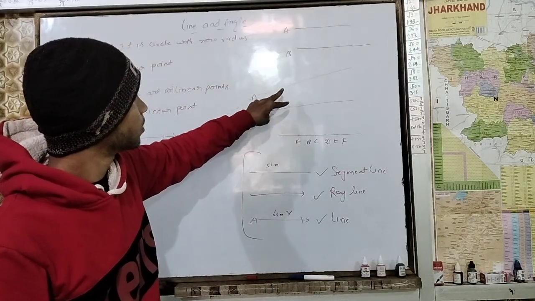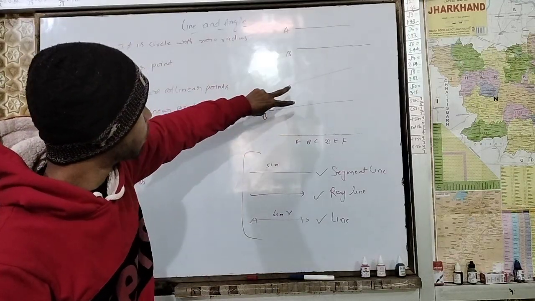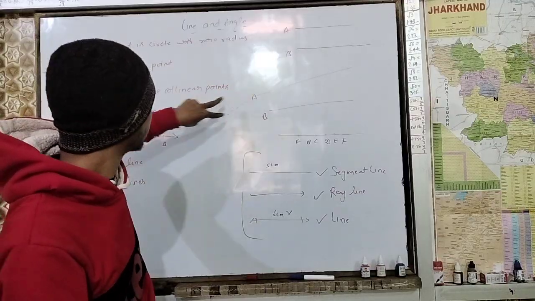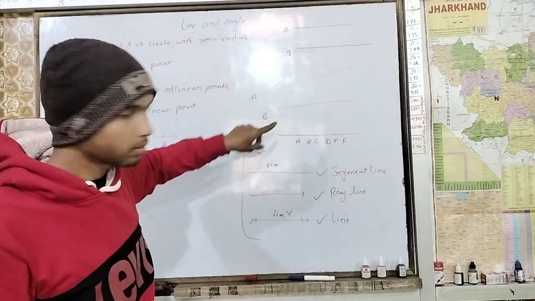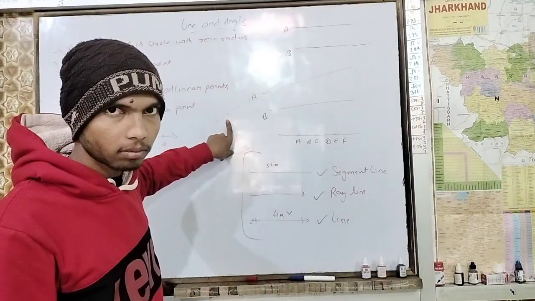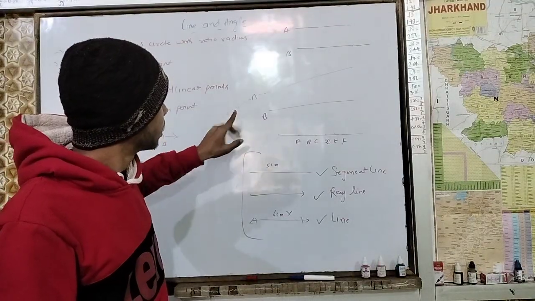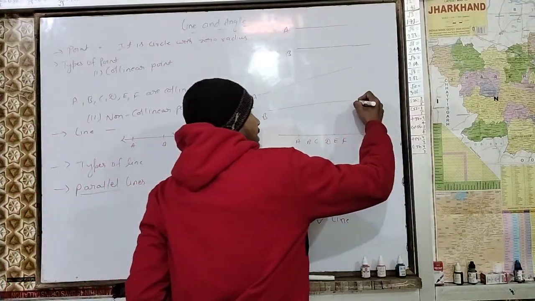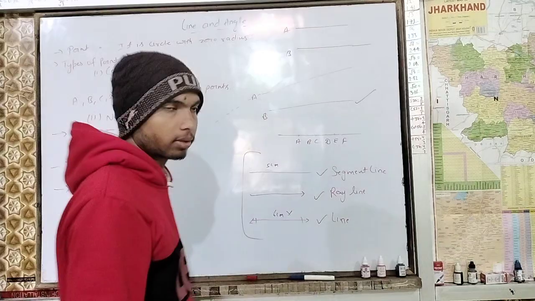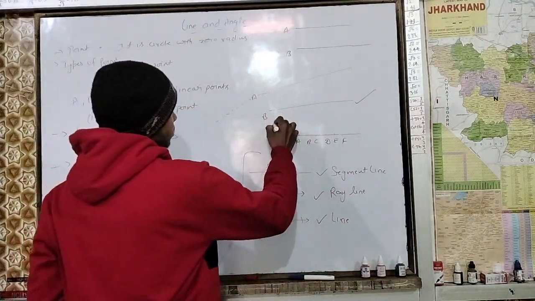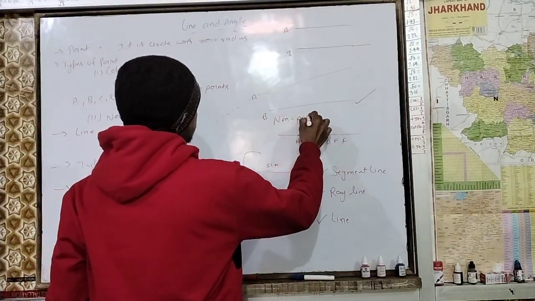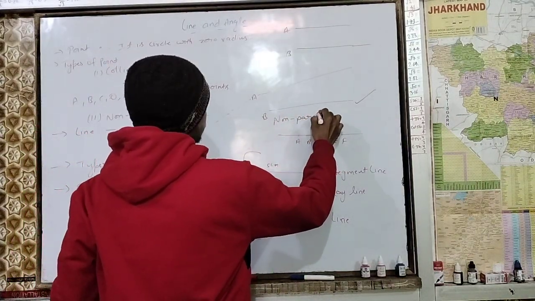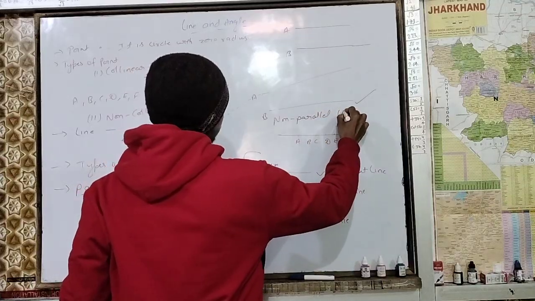In this figure, both will meet each other over here. That's why this figure is known as non-parallel lines.